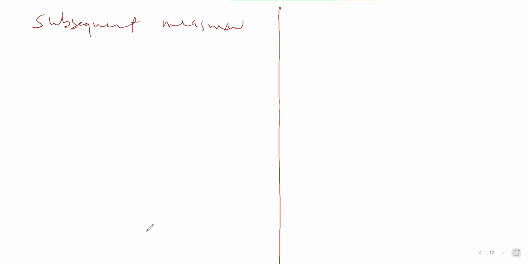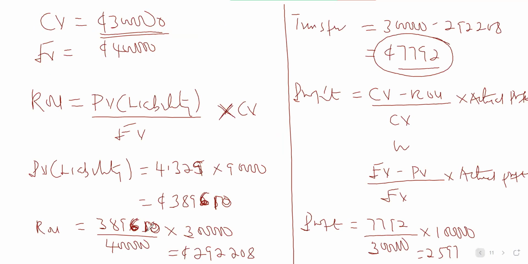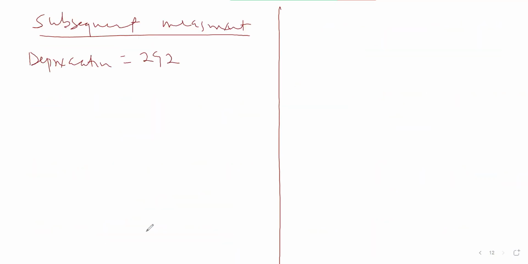You will still account for the lease as a normal lease, where the right of use will be depreciated. So we have the depreciation of the right of use, which will be 292,208 divided by the lease period. What is the lease period in the question? 5 years.